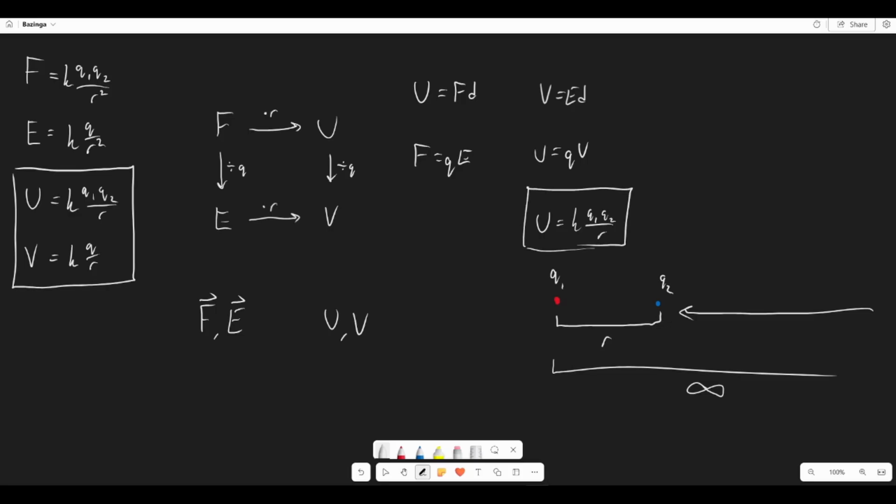This is the amount of energy it takes to bring Q2 from infinity to r. Or equivalently, to bring Q1 from infinity to r, away from Q2.